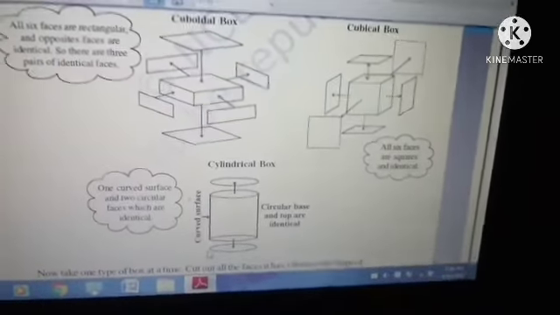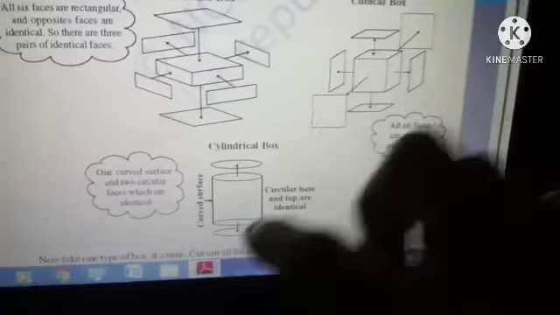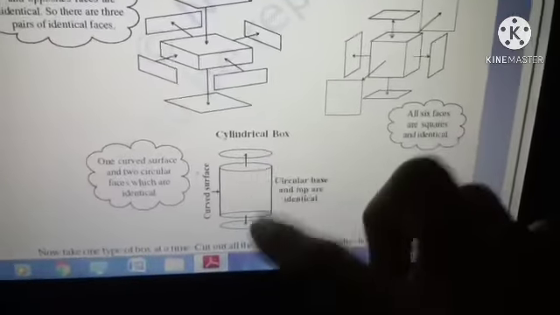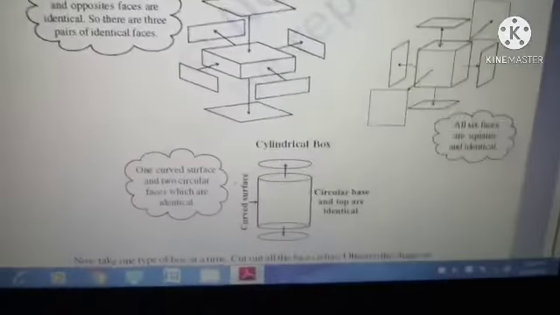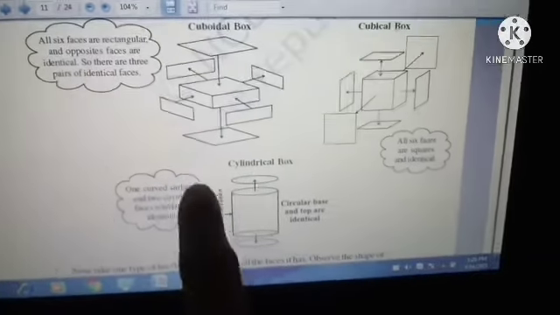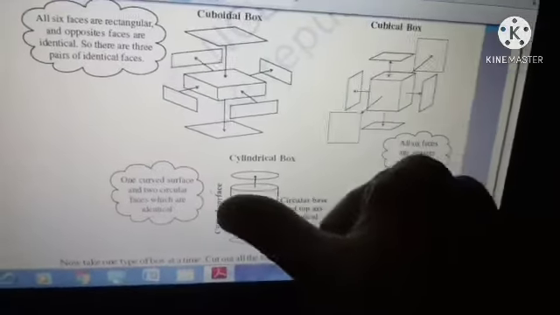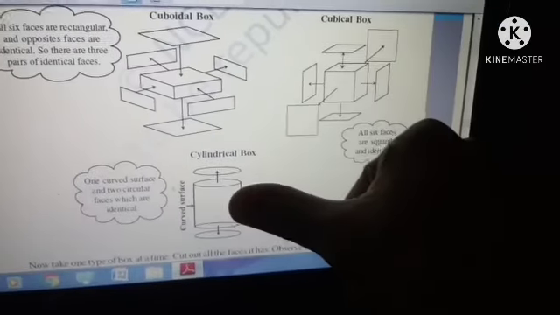Side, one curved surface. They are saying that the circles on the top and bottom are identical. Both are same. So they have one curved surface and two circular faces which are identical. Curved surface is nothing but this one, the center part.